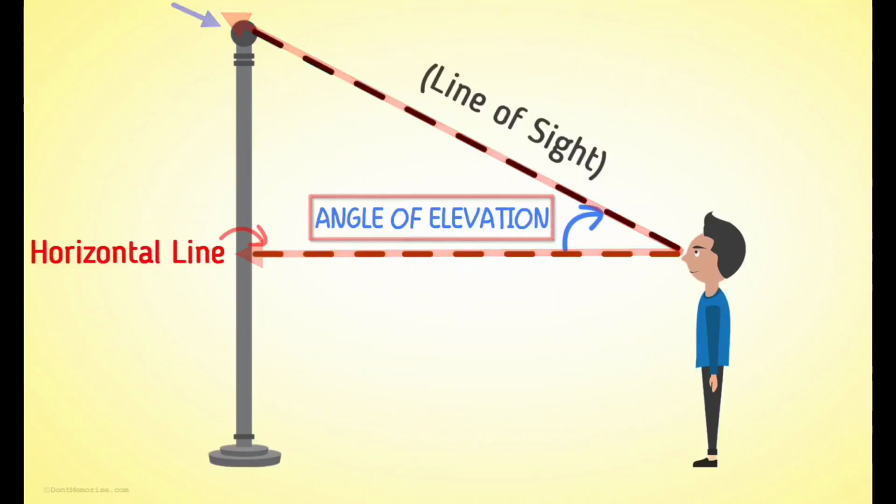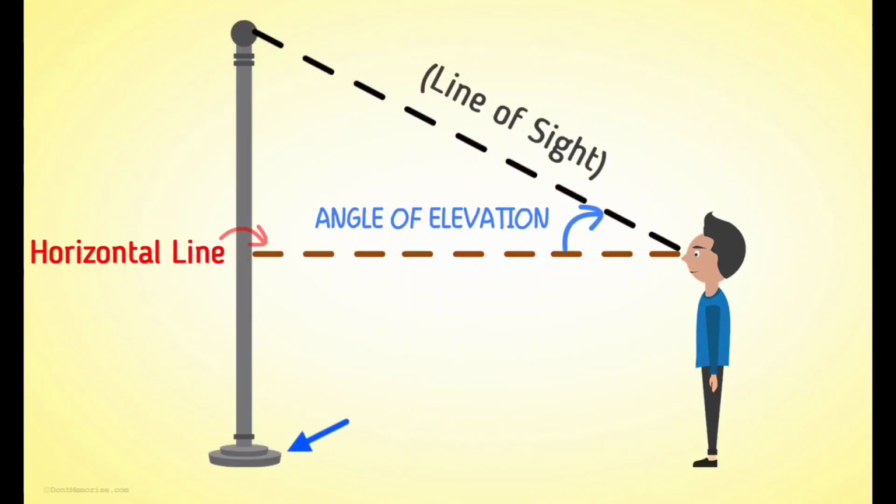If the same person is looking down, his angle of sight will come down, right? So when the angle of sight is above the horizontal line, it is angle of elevation.